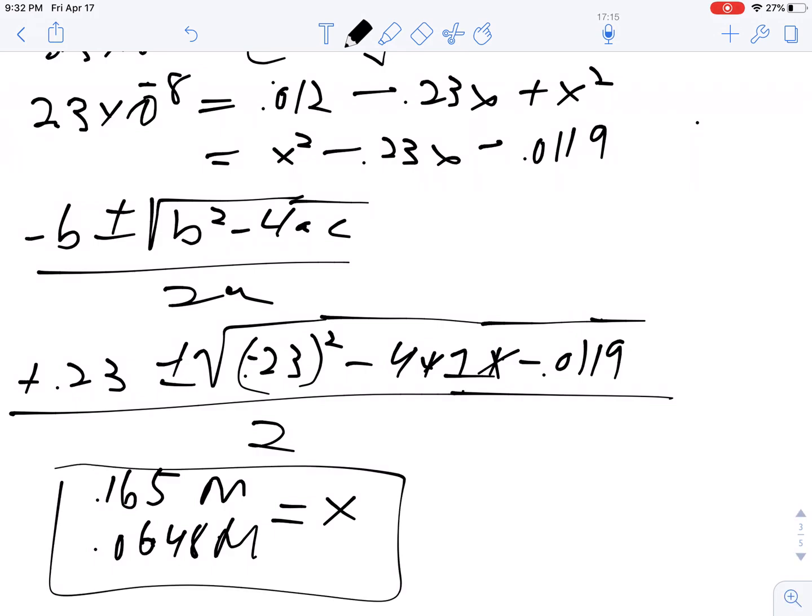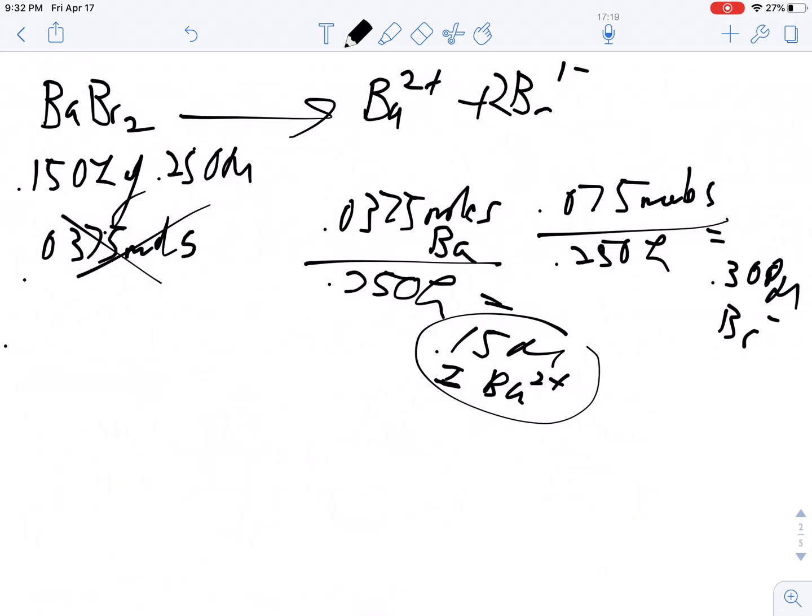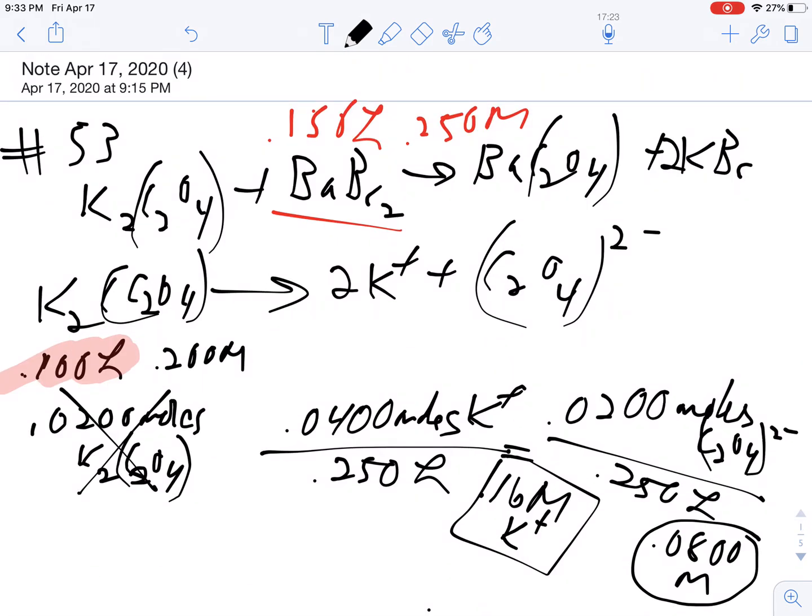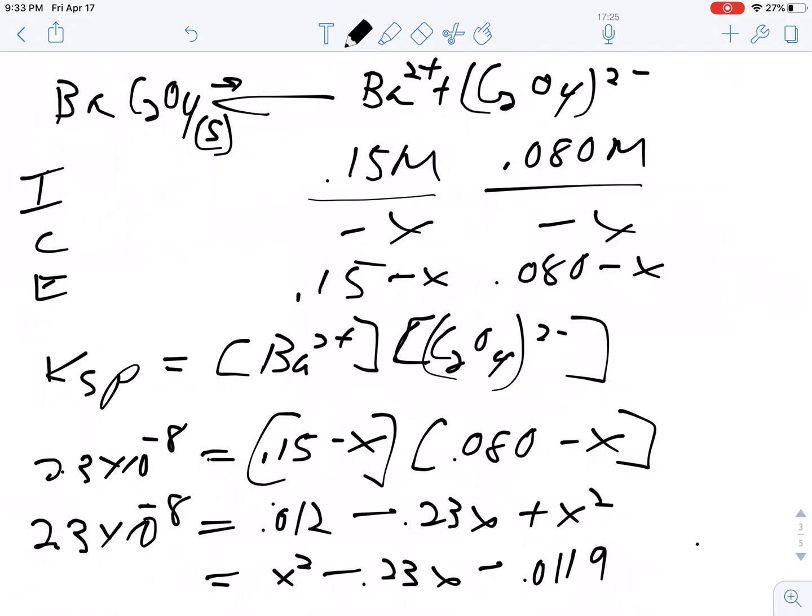So the top one, the 0.165, cannot be right, because that would mean, where'd my ice table go? It would mean that this number here, this concentration, would end up being less, the molarity would be negative.